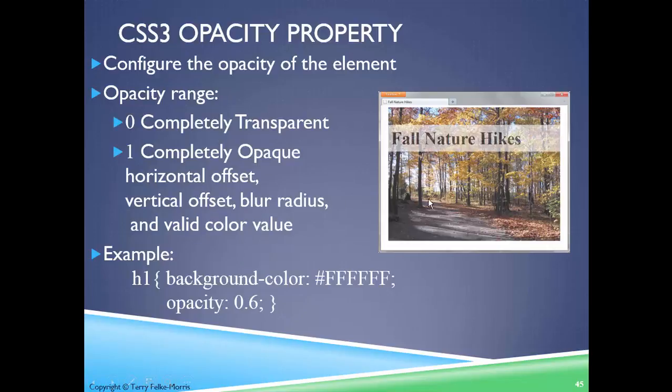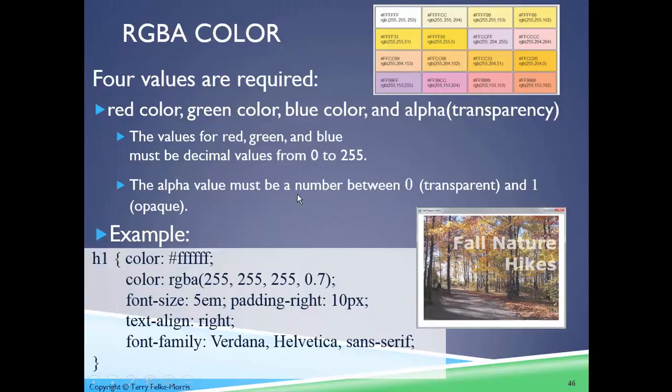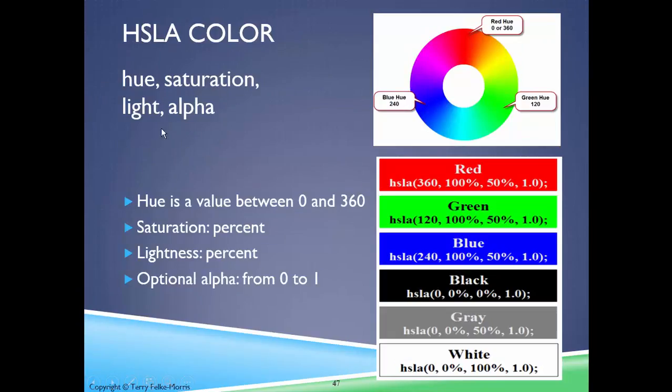But in this example, they made it 60% transparent. All right? So there's all sorts of different things that you can do for color and for design. Remember I mentioned before RGB, red, green, blue, and the A is for alpha. So that's that amount between 0 and 1. There it's 70%. You can also use hue, saturation, light and alpha.